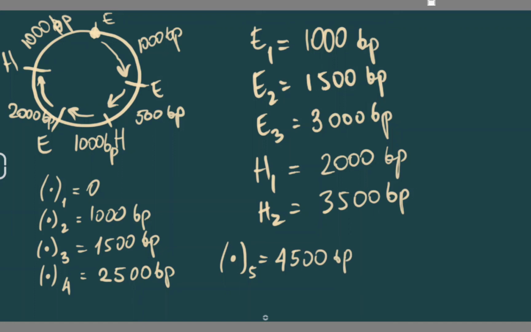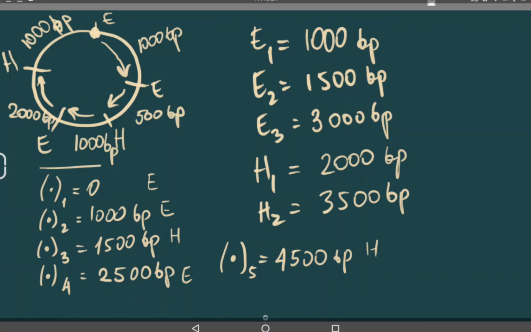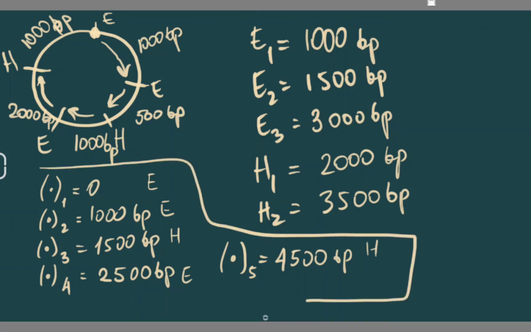Now we defined the EcoRI, again EcoRI, HindIII, EcoRI, and HindIII. So this is how you do the plasmid mapping.